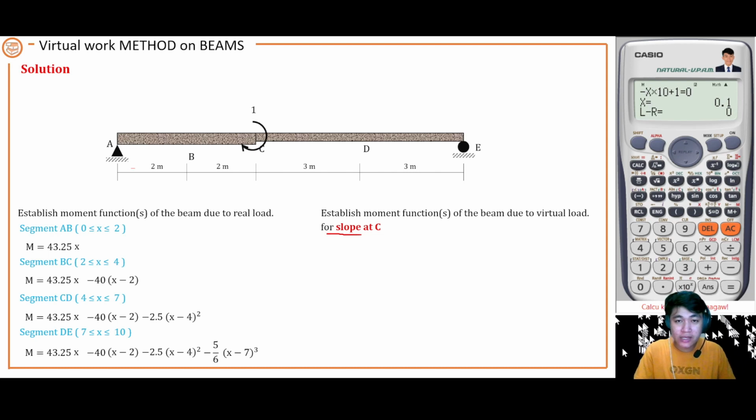Therefore, the reaction at point A is 0.1 downward. So the reaction at E is upward.